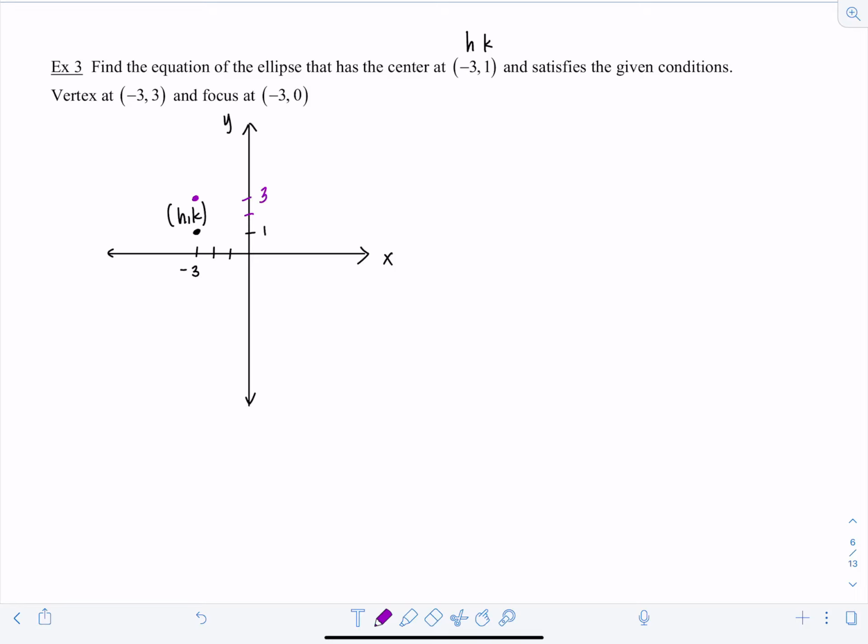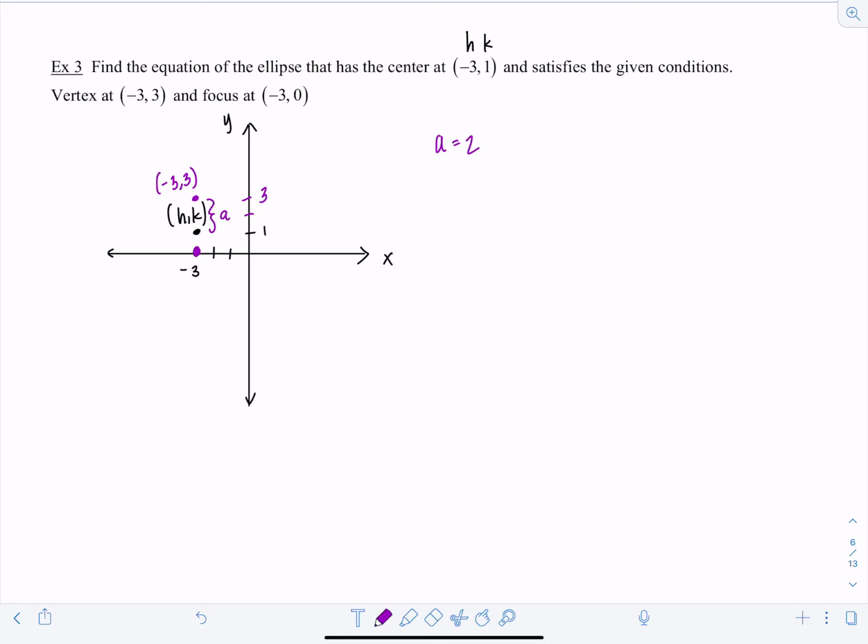This is a vertex. Well, what does that mean? I know what A is. A is the distance from the center to one of the vertices. So A is equal to 2. And then the focus is at negative 3, 0. Well, one of the foci is down there. Okay, well, what does that mean?